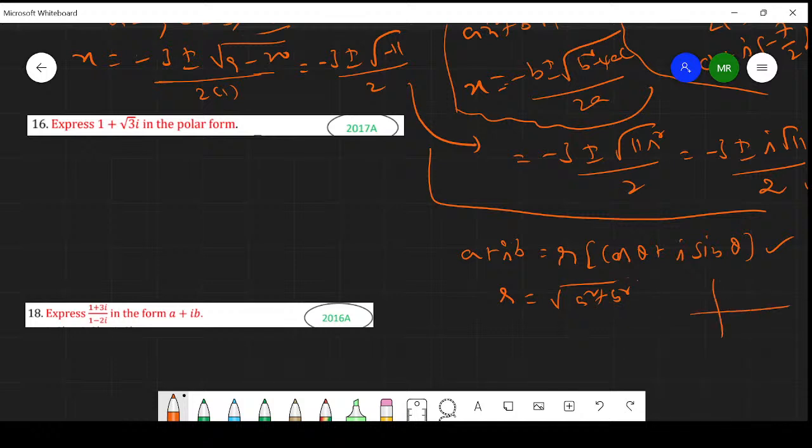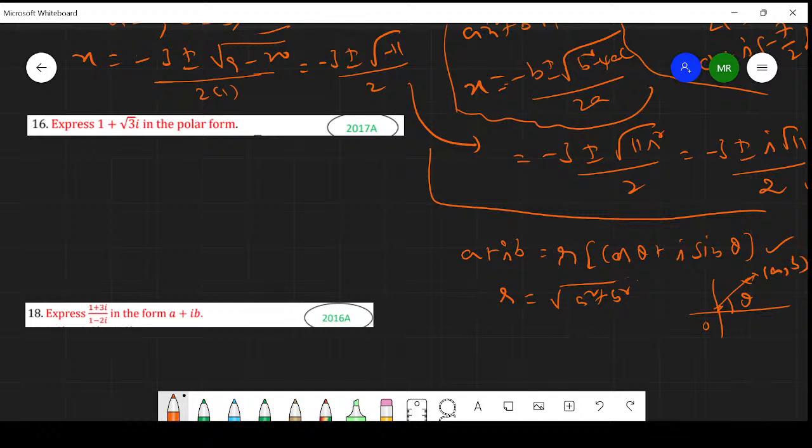Suppose you take the complex number a comma b, and this is the origin. The line joining the origin to the given complex number makes an angle theta with the positive x-axis.